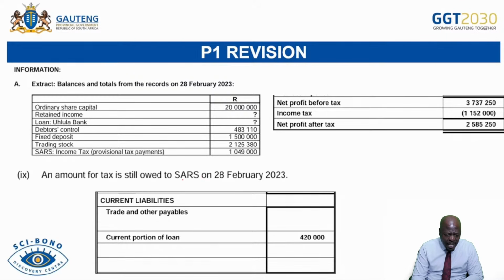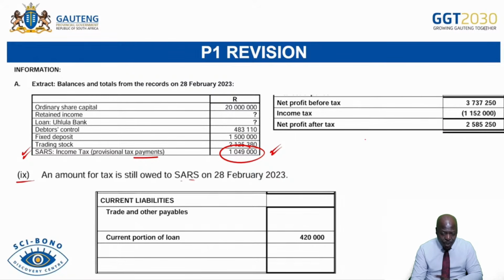So what we were given here is an amount for tax still owed to SARS. During the year, we made 2 provisional tax payments, and they totaled 1,049,000. These are payments paid.